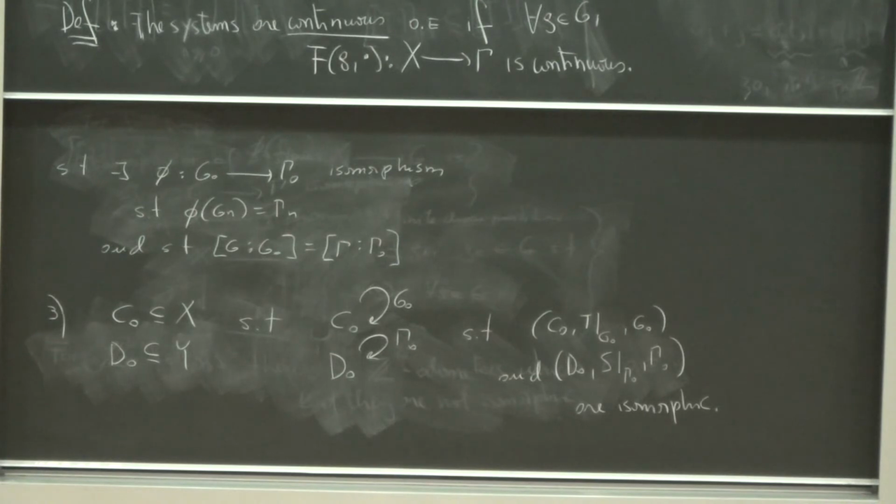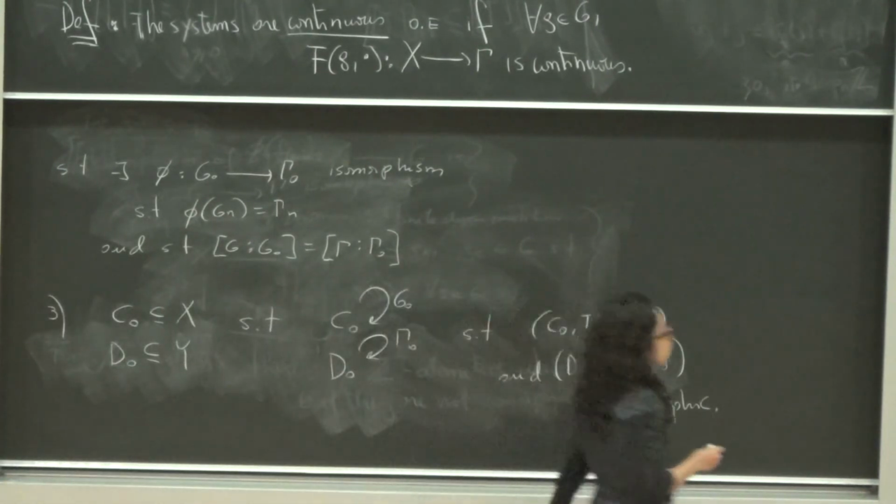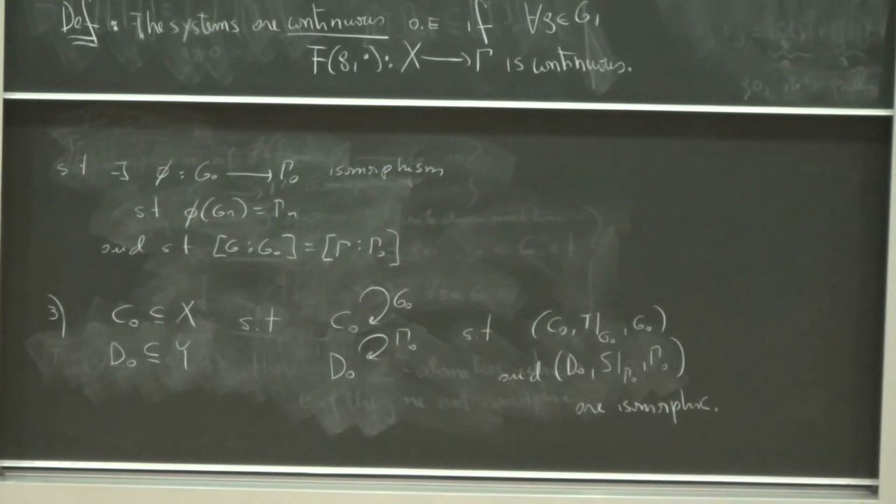This is from Chin Lee. So another question, for example, is to know what happens if I have two systems which are continuous orbit equivalent.